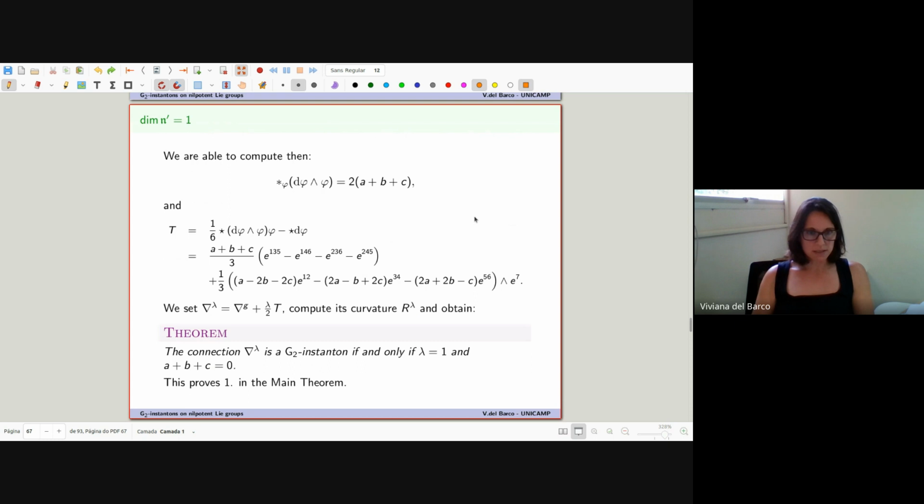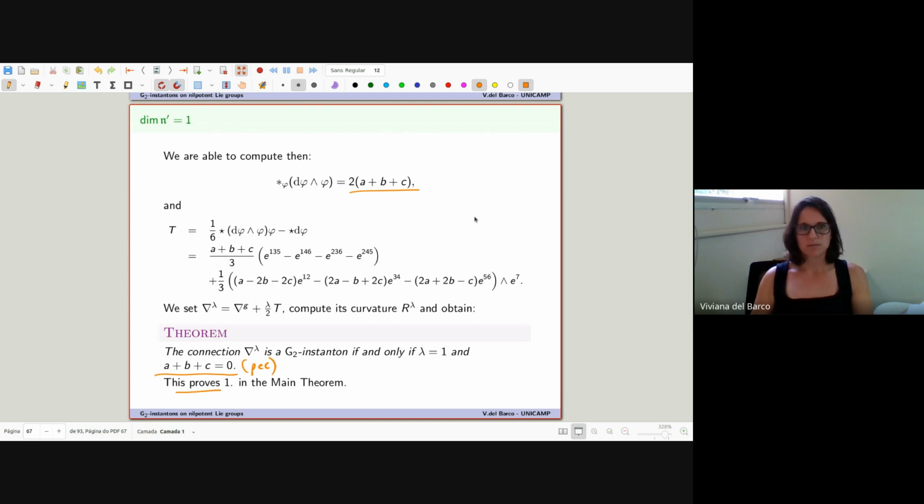And notice that this condition tells you that the G2 structure is purely coclosed. So this proves the first item in the main theorem.